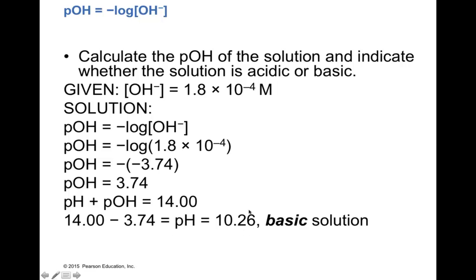So because the pH is higher than 7, the solution is a basic solution. Okay, so if we know the pOH, by using this equation we can change that pOH to pH, and using the concept of the scale of pH, we can determine the acidity or basicity of a solution.